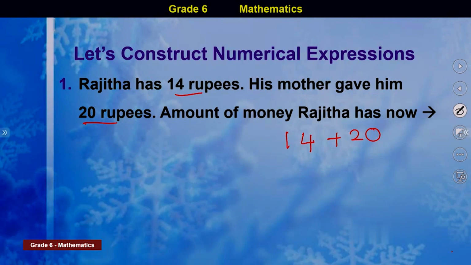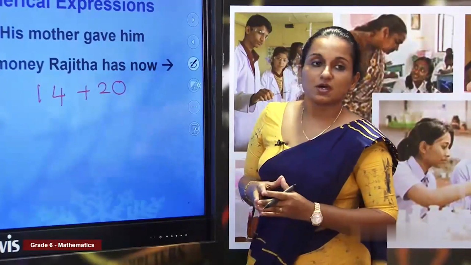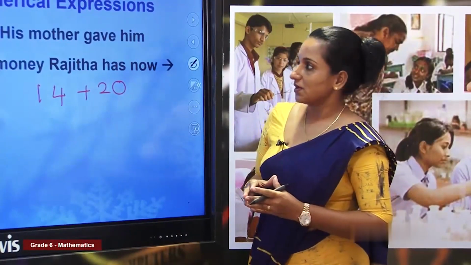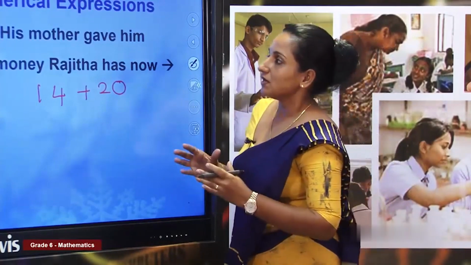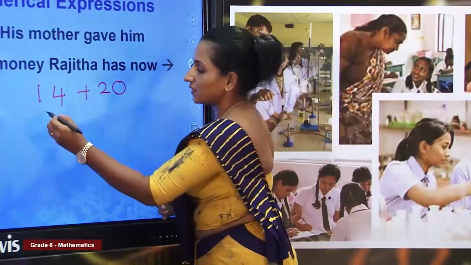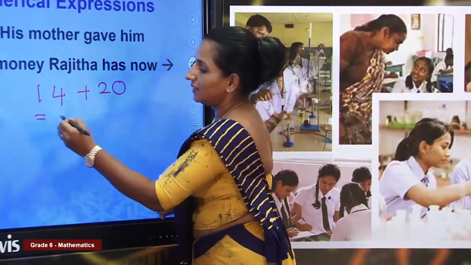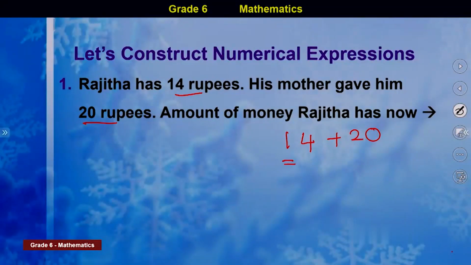When we add these two, we get 34. Then the amount of money Rajitha has now is 34 rupees.